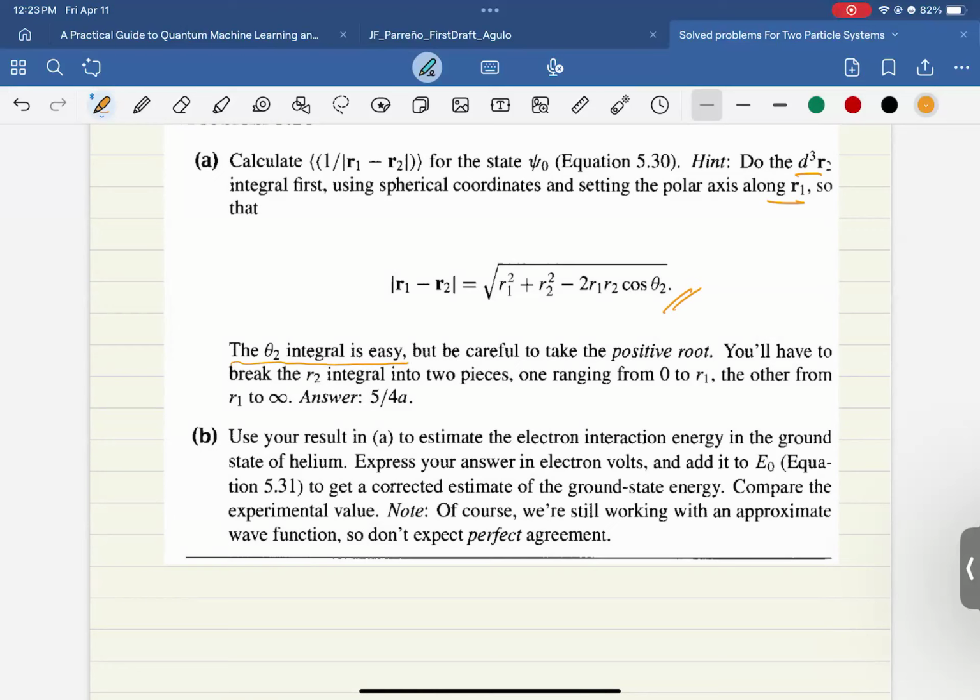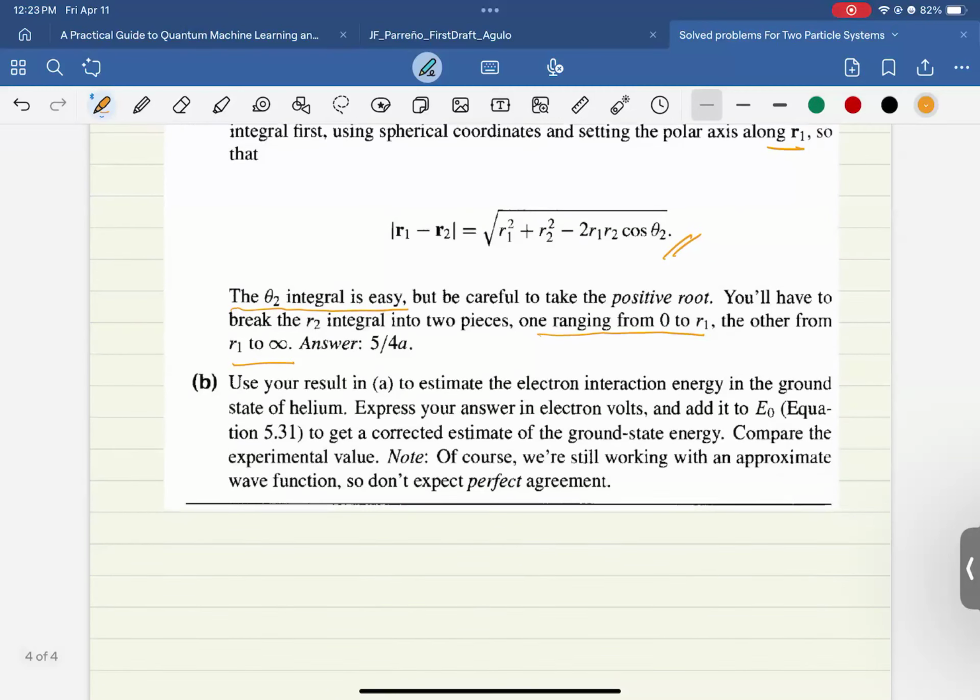Okay, the theta 2 integral is easy. Okay. But be careful to take the positive root. So you have to break the r2 integral into two pieces, one ranging from 0 to r1 and the other from r1 to infinity. Okay, the answer is 5 over 4a.